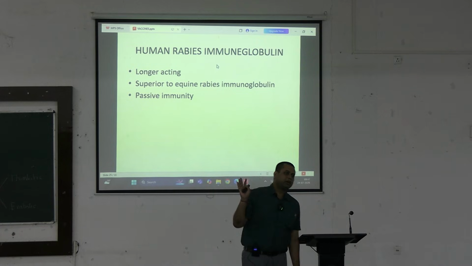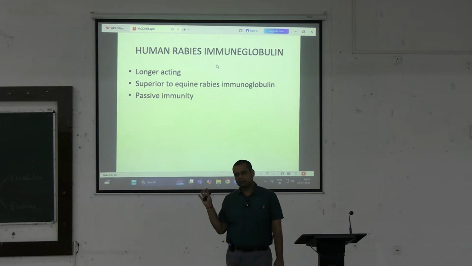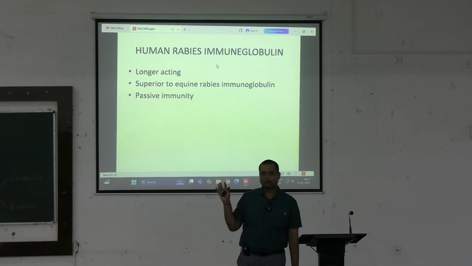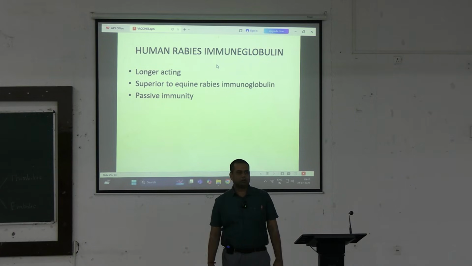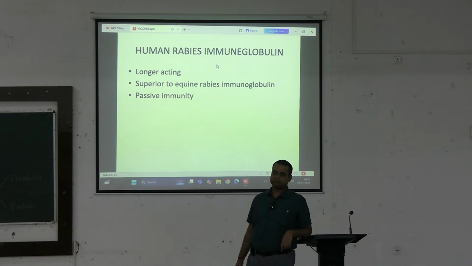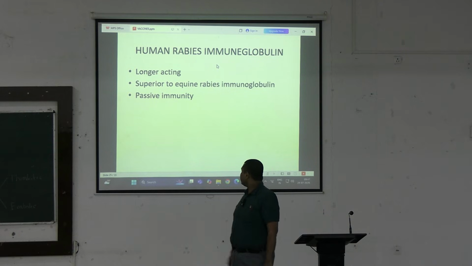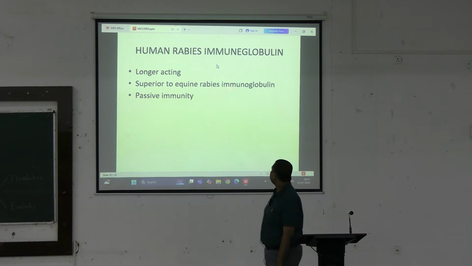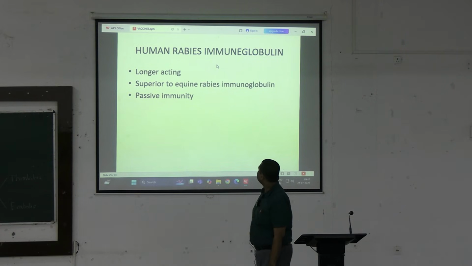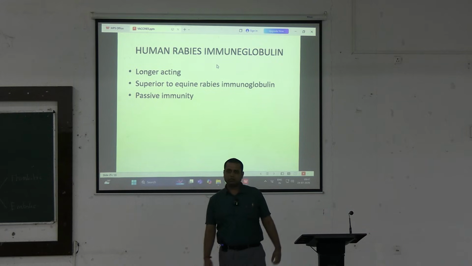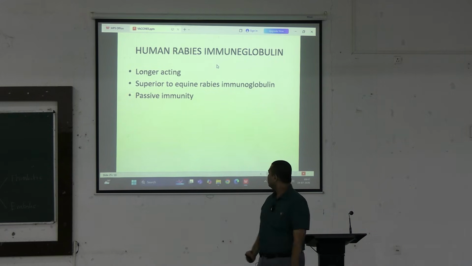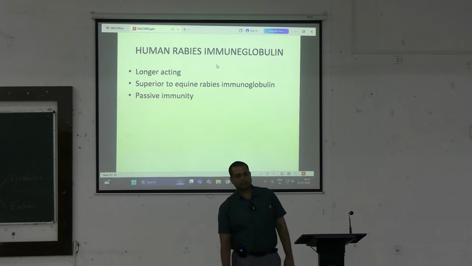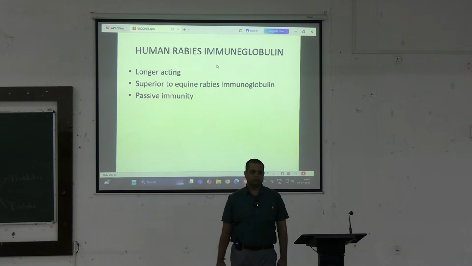No, the chance of hypersensitivity will be much lower than that of horse. Okay, but it will also be expensive. So longer acting, superior to equine rabies immunoglobulin, because chances of hypersensitivity is low. So it's a form of passive immunity.